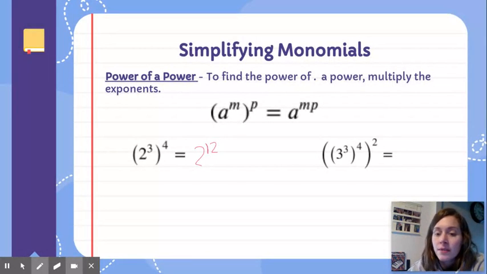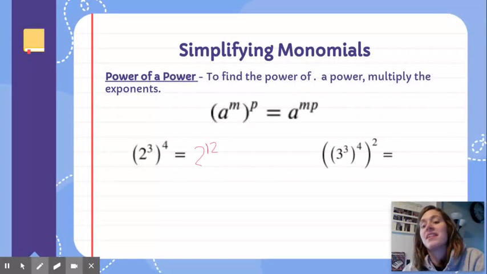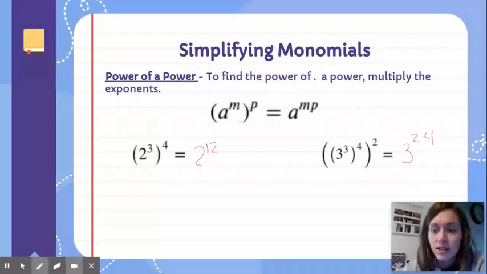And then over here we have 3 to the third to the fourth squared. And so our exponents have exponents and then have another exponent. So we just multiply all the powers, right? So we say 3 times 4 is 12 times 2 is 24. So we have 3 to the 24th.